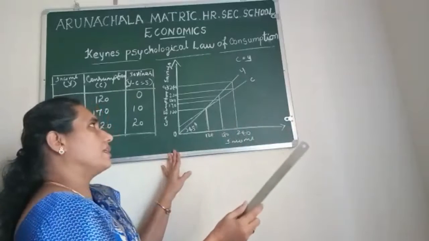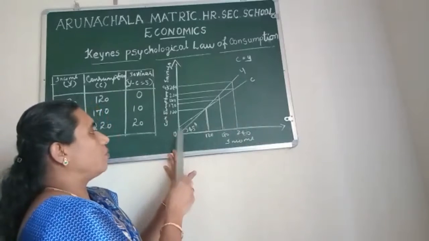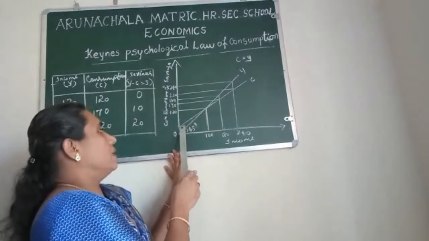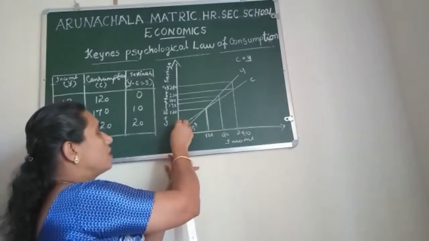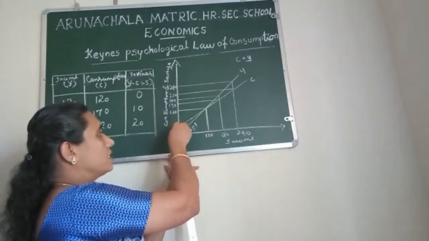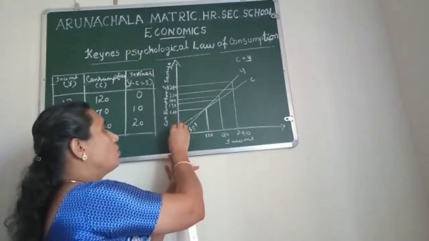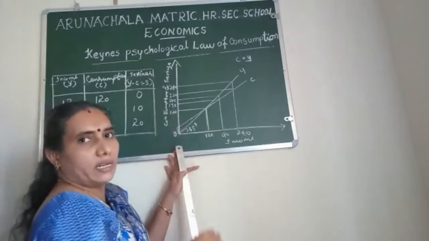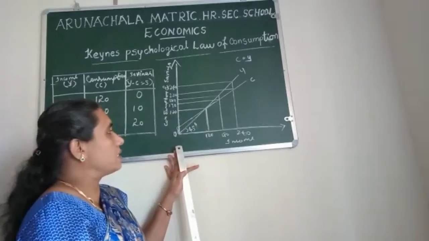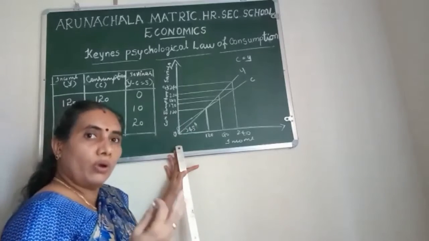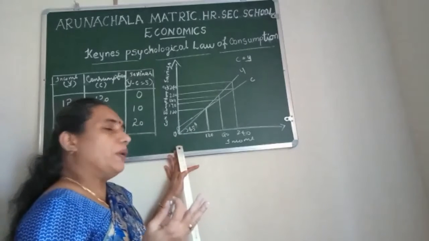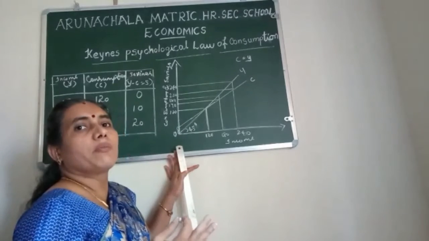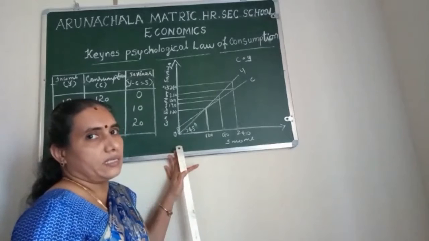The consumption line does not start from the origin. It is coming from here. So this difference from the starting point is the autonomous consumption. Autonomous consumption means if there is no income, the people still have to spend some amount for their daily consumption.